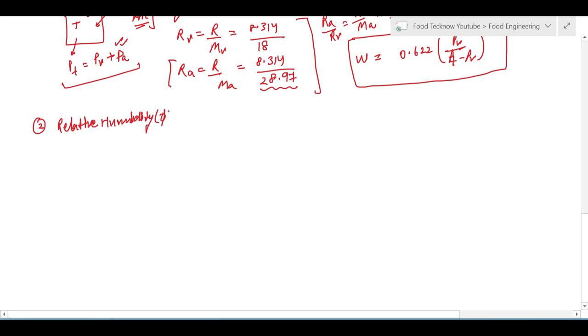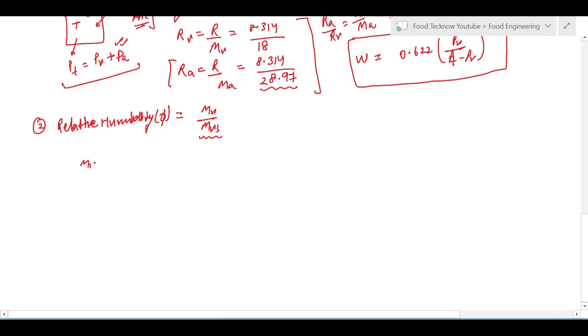It is represented with the symbol phi, and it is equal to the mass of water vapor divided by the maximum water holding capacity of the air. So it is the mass of the water vapor Mv divided by the mass of water vapor when it is saturated. And the maximum water holding capacity occurs only when the air is saturated. So Mv divided by Mvs.